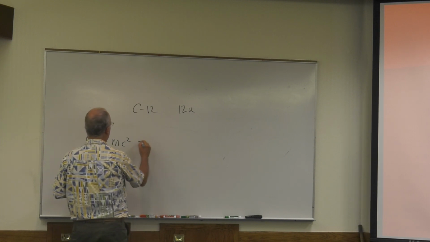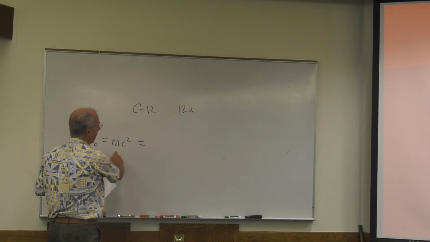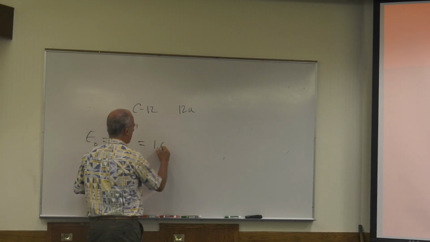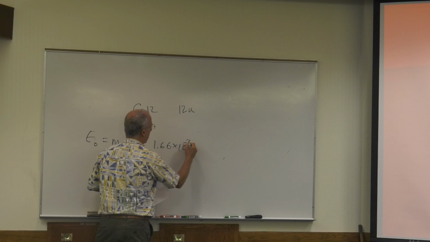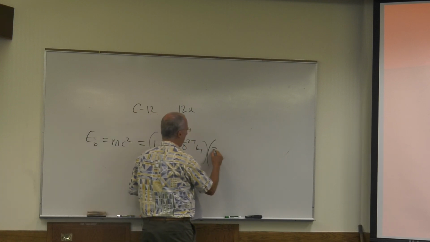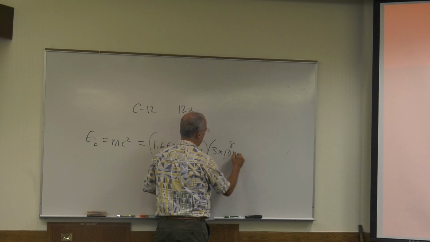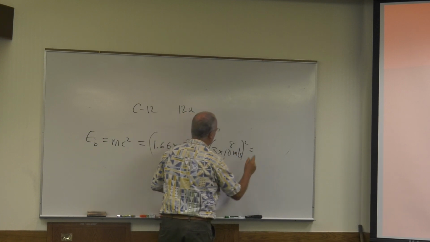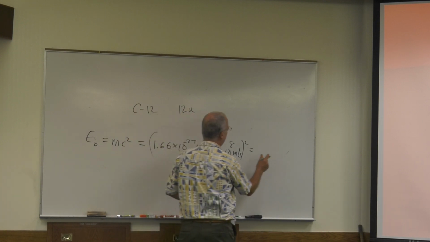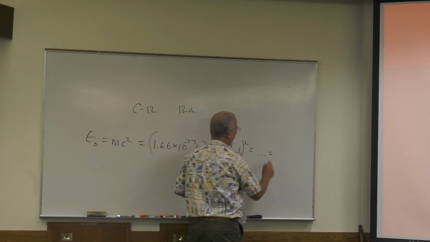Let's put in m as one mass unit, 1.66 times 10 to the minus 27 kilograms, and put in the speed of light squared. Then we convert it to electron volts. I'm not going to do that because I don't have enough room.